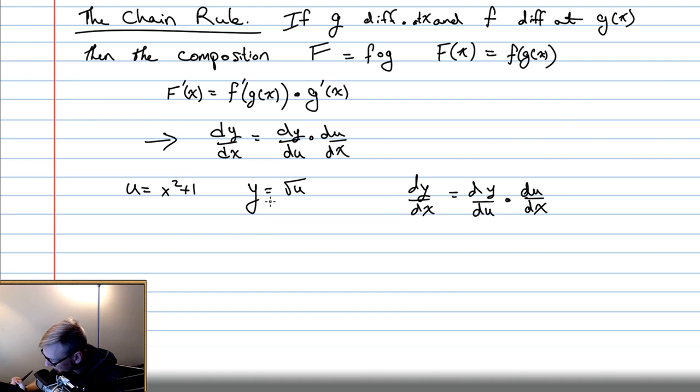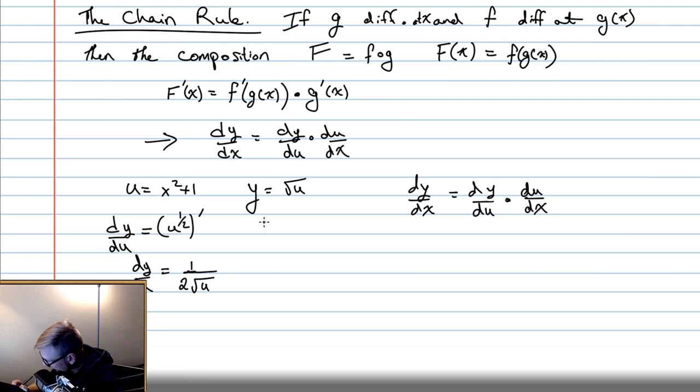So what's the derivative of y, dy with respect to u? u is the variable we're going to differentiate. So what is u to the 1/2 prime? Well, it's just the power rule. Bring the 1/2 down, subtract 1 from the exponent. This is 1/2, and I'm just going to write it as square root of u.